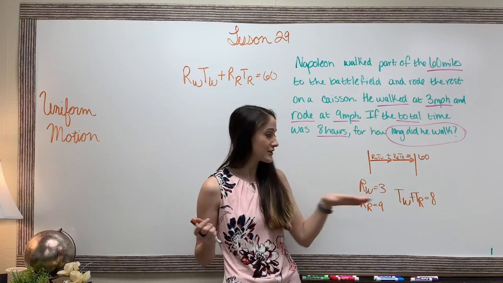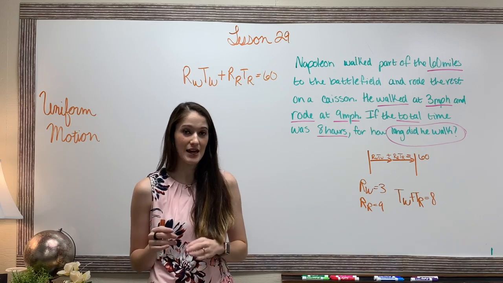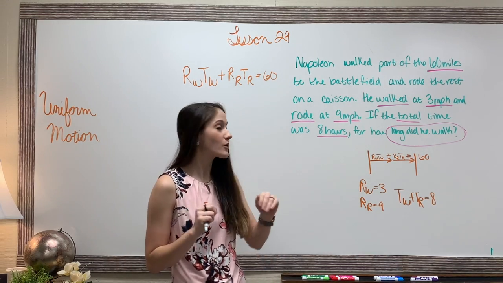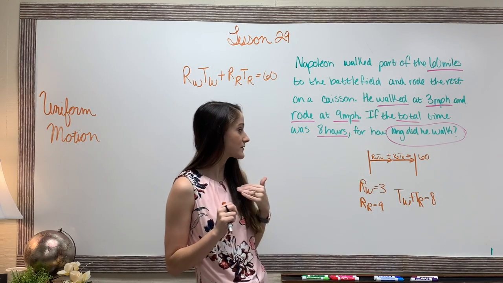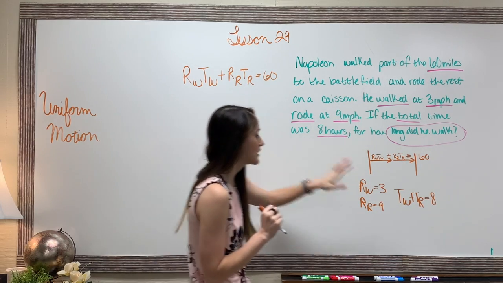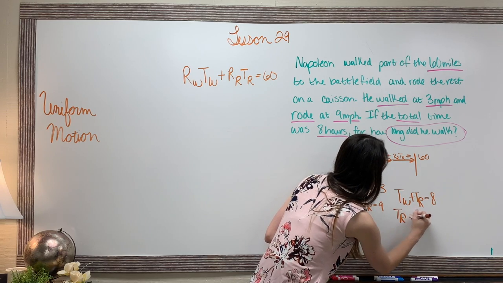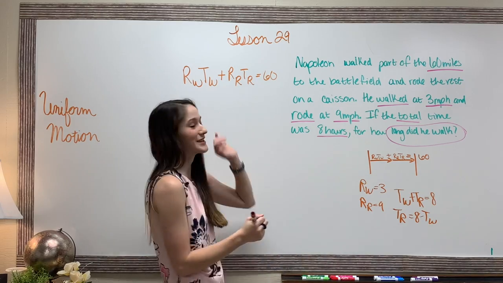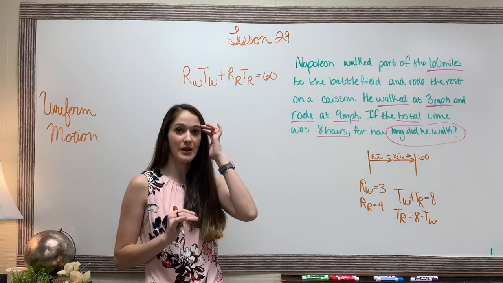One thing that I noticed is that with this 4th equation, there is no variable that's isolated, so I'm going to have to make that happen. And just a little tip, the question is asking how long did he walk? So if I'm trying to solve for TW, I want to leave my TWs in here. So I am going to solve for TR. That way I can replace it in here with TW, and that way whatever answer I find, that's going to be my answer for this question.